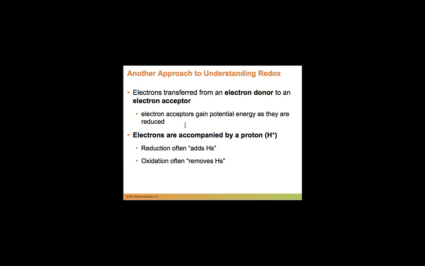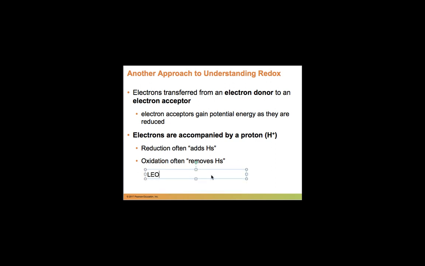Every time we transfer an electron, we're also transferring a proton. So reduction, right, when we gain electrons, we're going to add protons. Oxidation, when we lose electrons, we're removing protons. I'm just going to add in a quick little mnemonic for you guys to remember oxidation and reduction reactions.